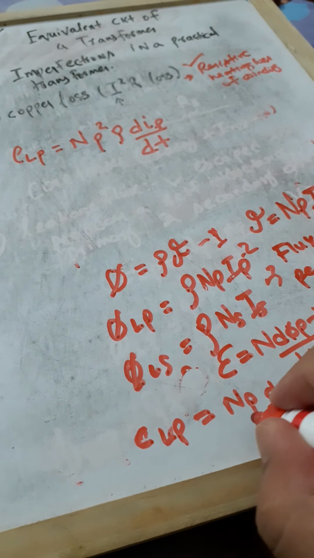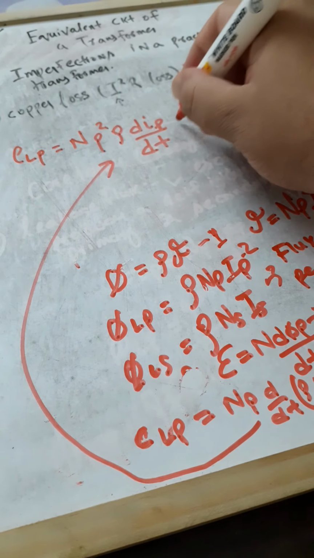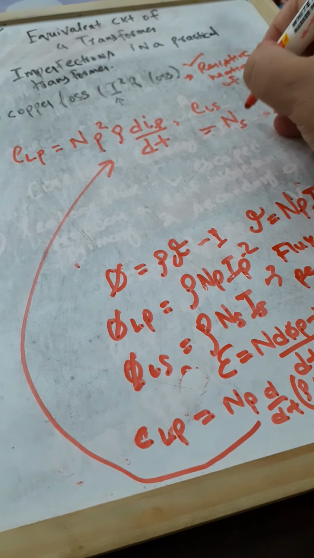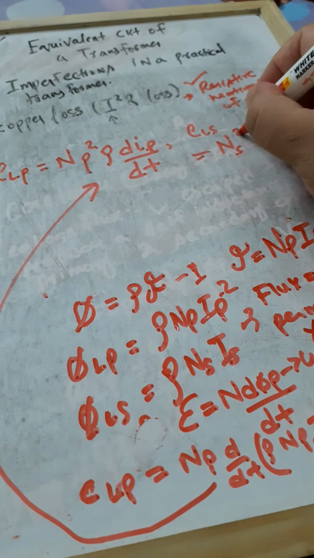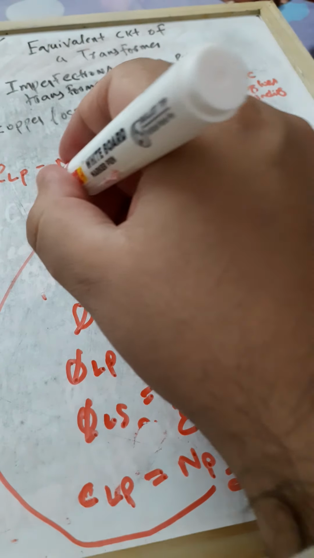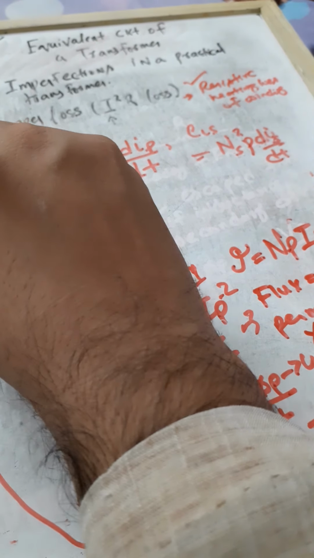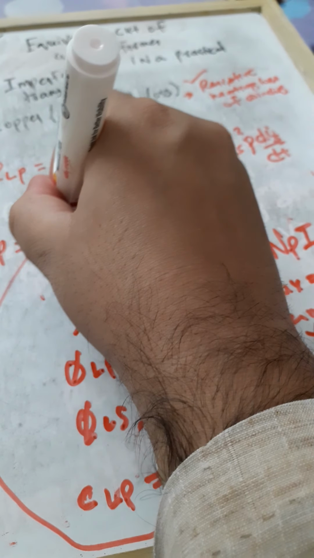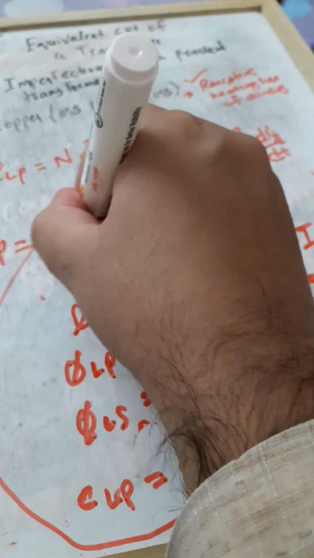So here you see this is the same equation. Similarly for ELS side you can write NS square permeance dIS by dt. You also know that ELP is what? ELP is LP dIP by dt.